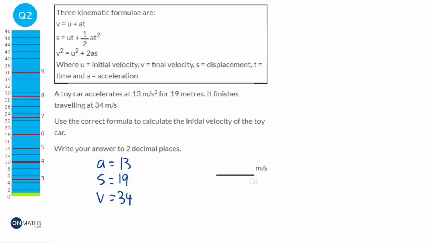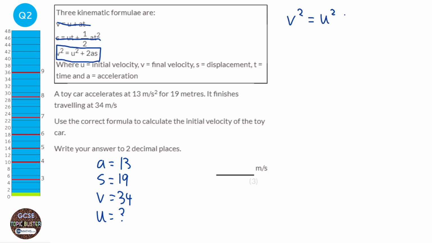And we're looking for the initial velocity. So which of these formulae include a, s, v, and u? That's got a t in it, that's got a t in it, so it's going to be this one here. Let's write that out. V squared equals u squared plus 2as.